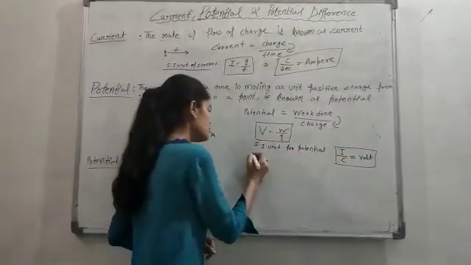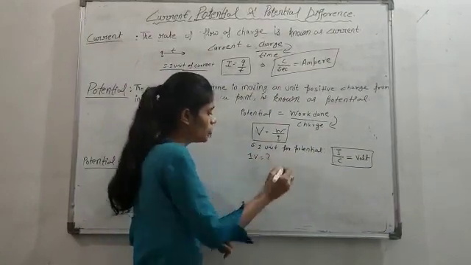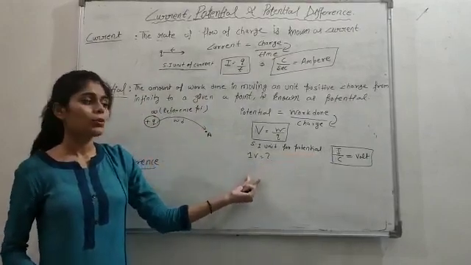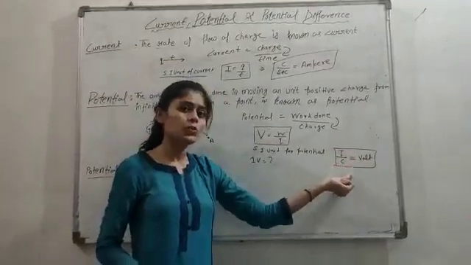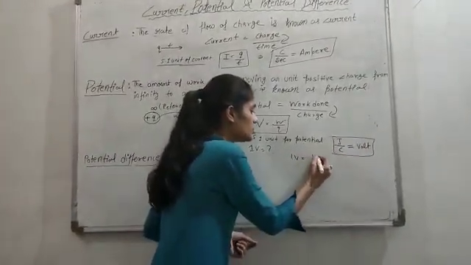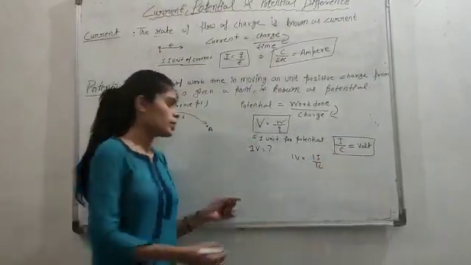Sometimes you can also be asked what is the value of 1 volt. Just see from here, volt is equal to joule per coulomb, so 1 volt will be 1 joule per coulomb.